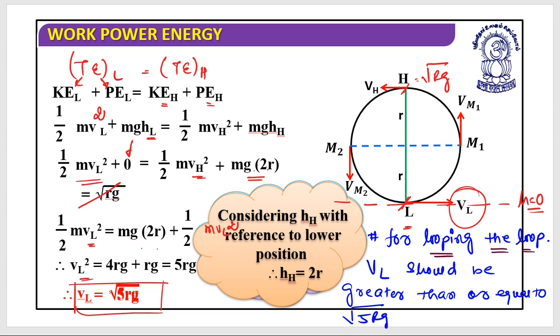If its velocity is greater than that, then it is well enough. But if it is less than this, it is not going to loop the loop, and it is going to lose the path of its vertical circle. Great. So now the situation is, we know the velocity at this position.